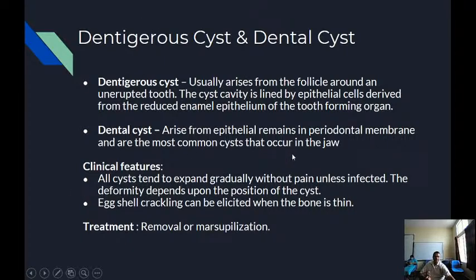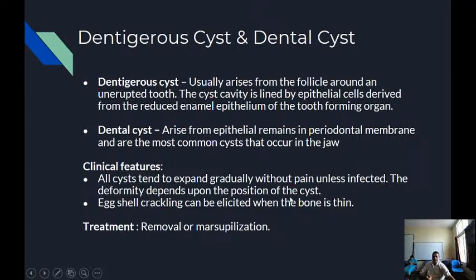A dental cyst is a simple cyst, okay? Whereas the dentigerous cyst is from the retained unerupted tooth, from the follicle around that, and these expand gradually without pain unless infected.